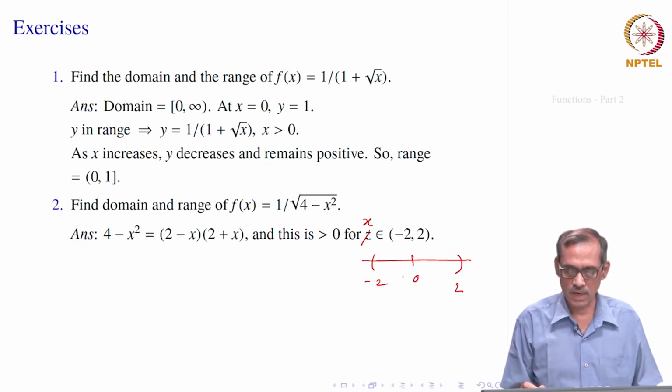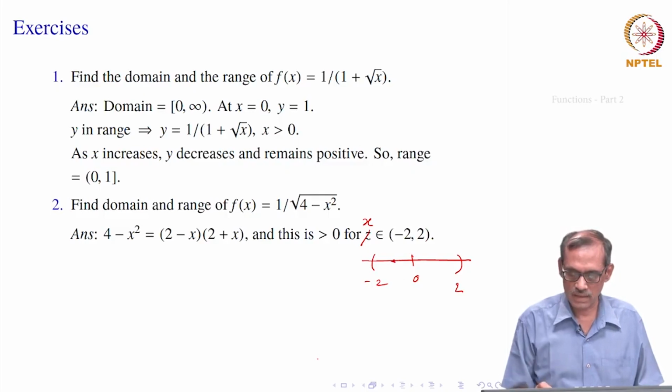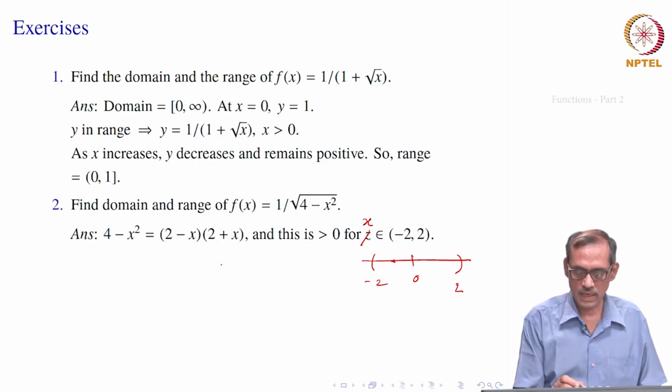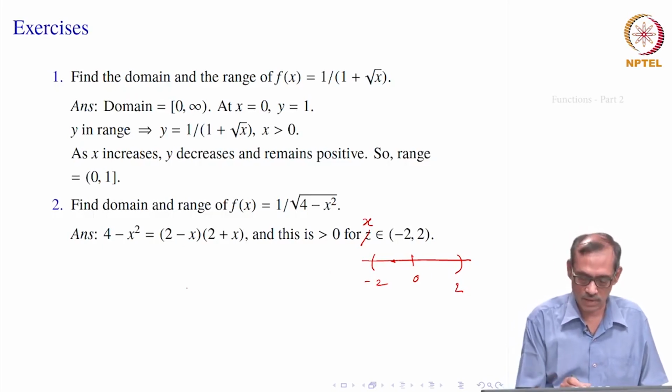Minus 2 and 2 is our open interval. If x is anywhere here, then 2 minus x is positive, and 2 plus x is also positive. So, this is bigger than 0. It is really helpful to write in this form.